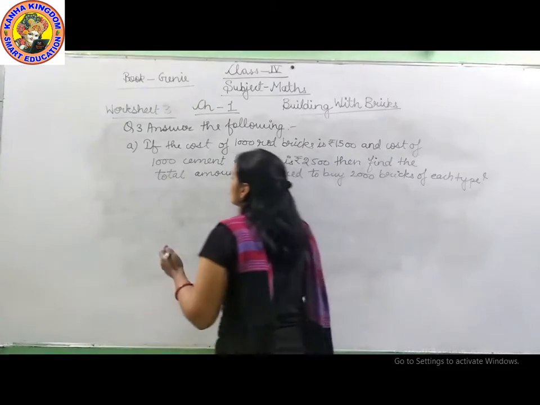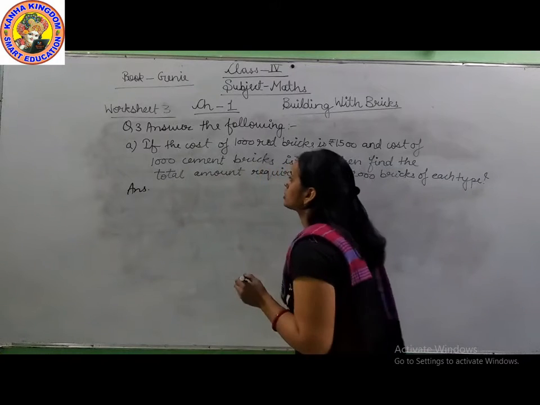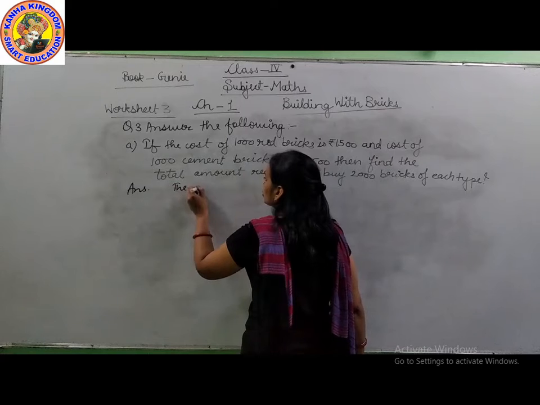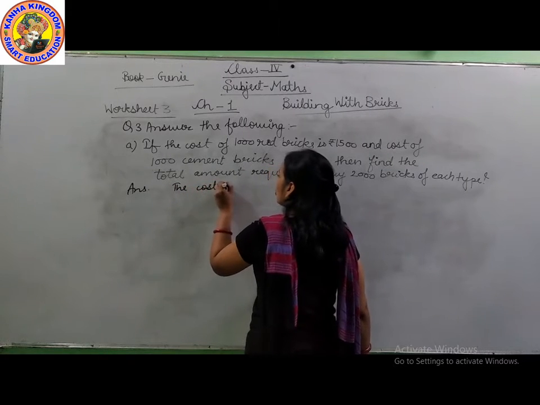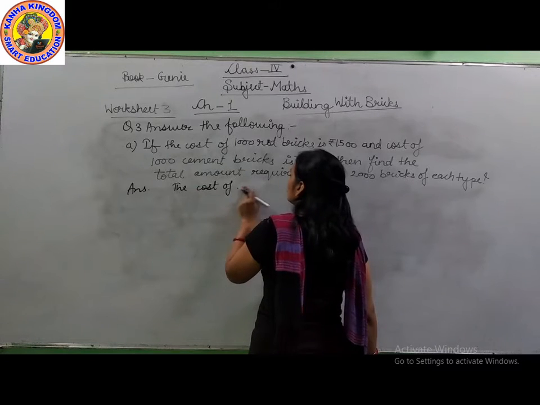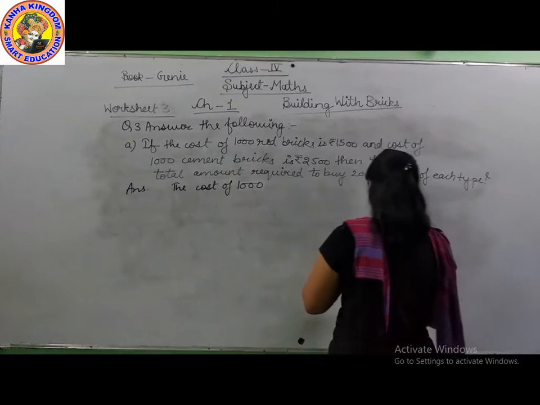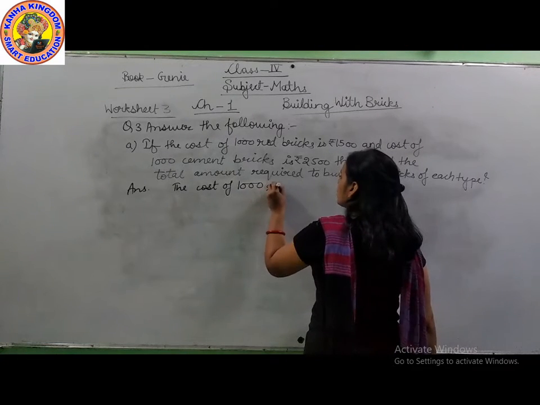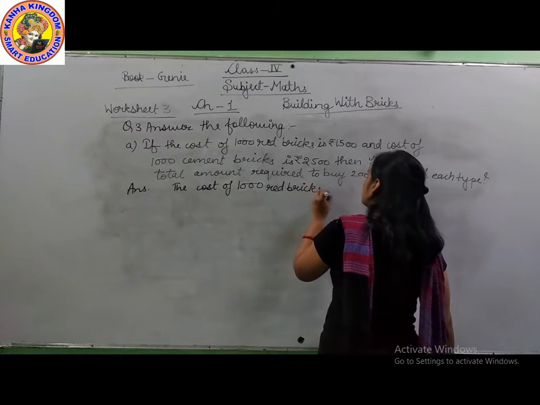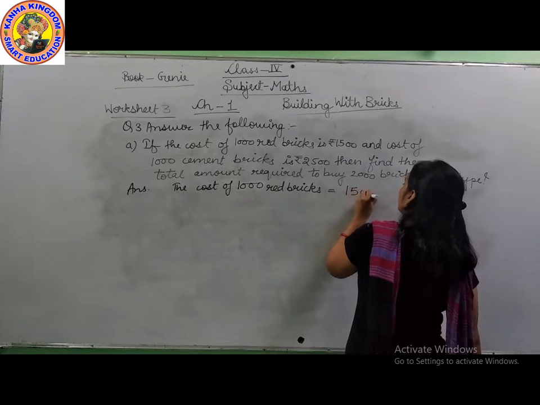Okay, so first we write the cost of bricks. The cost of 1000 red bricks equals 1500.